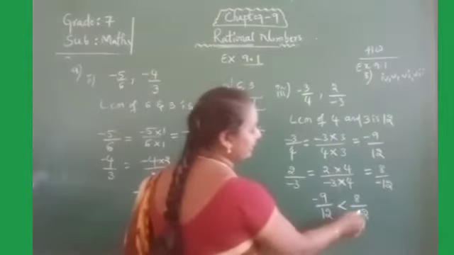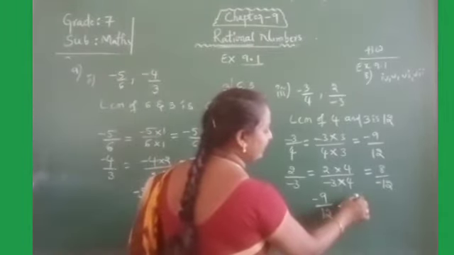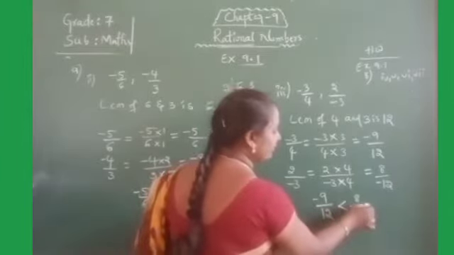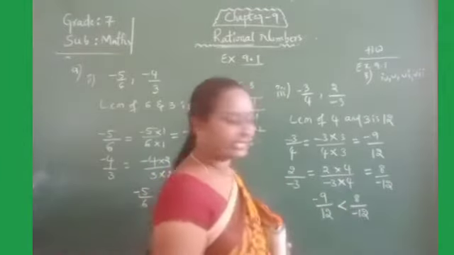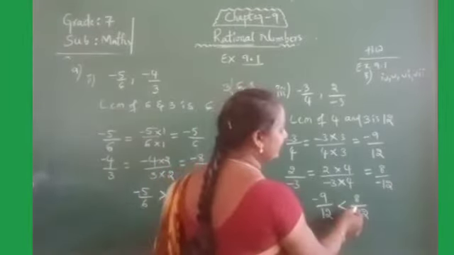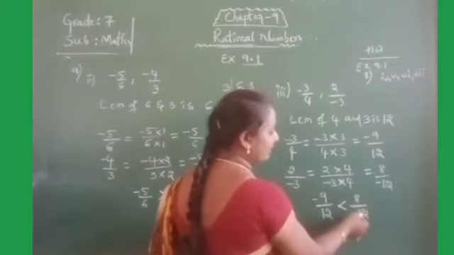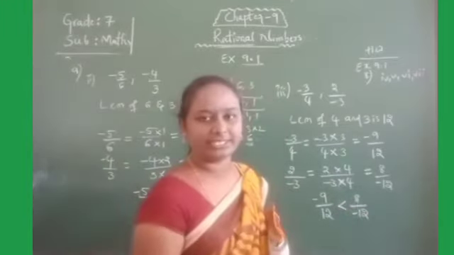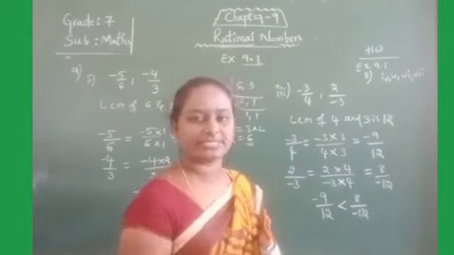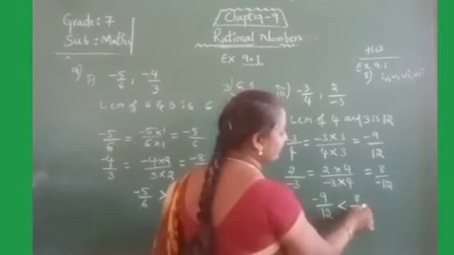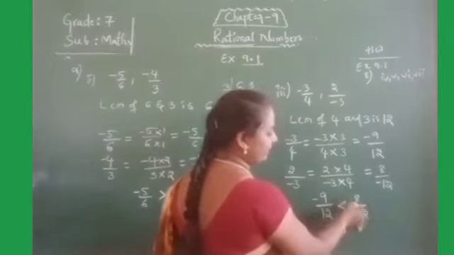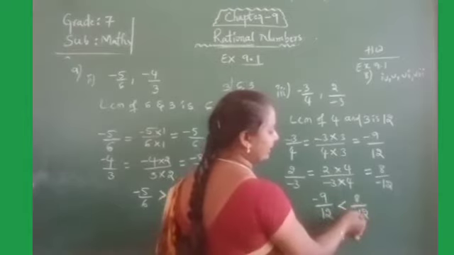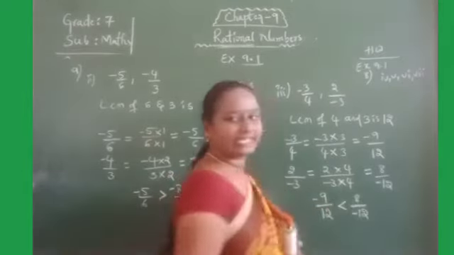Here 8 has a positive sign and 12 has a negative sign. Whatever it may be, in a rational number where either the numerator or the denominator has a negative sign, we consider it a negative rational number. If you convert this into standard form, the negative sign will come to minus 8.